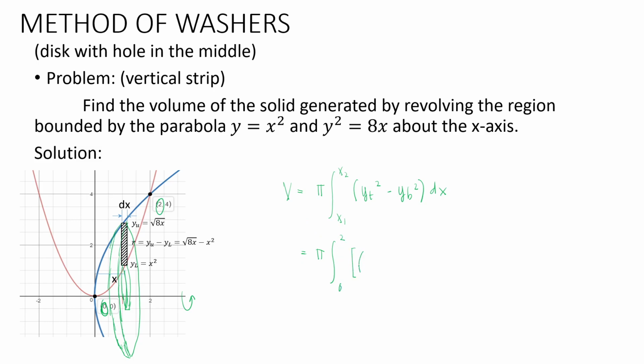Then the first one is y top squared, which is coming from this equation. Then translating it in terms of y alone, it's y squared. So this will give us this term here. So it's the square root of 8x, squared. And then minus y bottom squared.